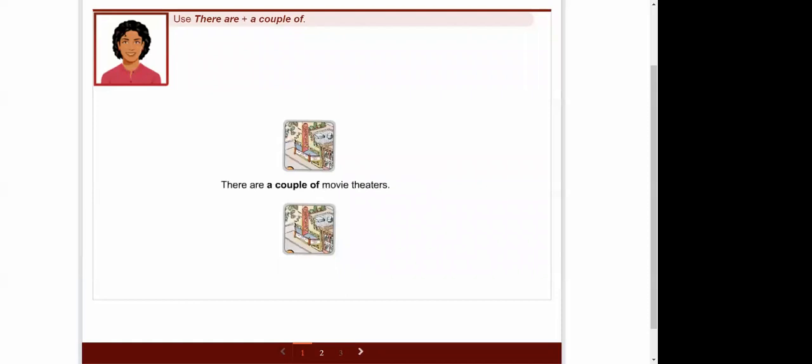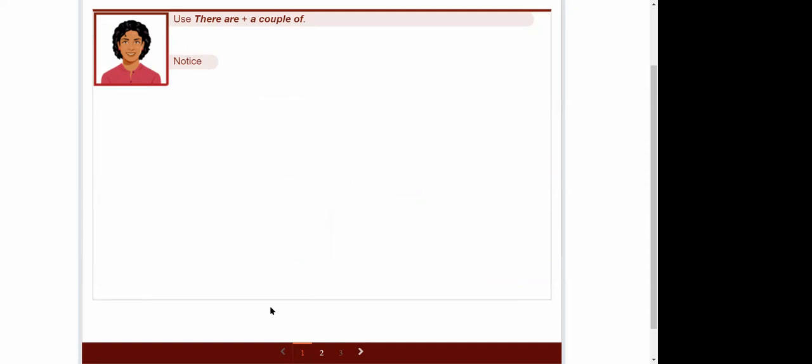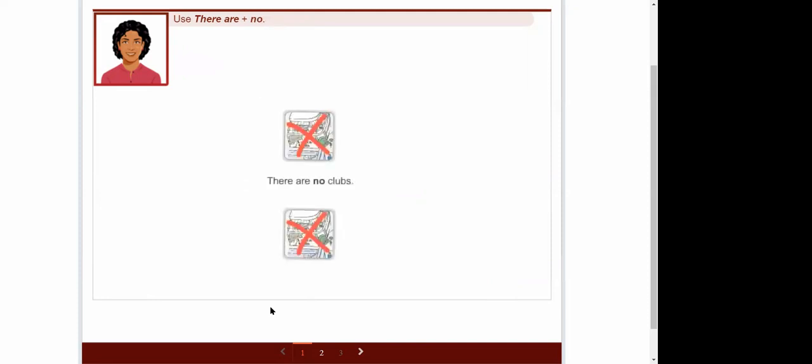There are a couple of movie theaters. Notice, a couple of sometimes means two. A couple of movie theaters. A couple of sometimes means two or three. Use there are and no. There are no clubs.